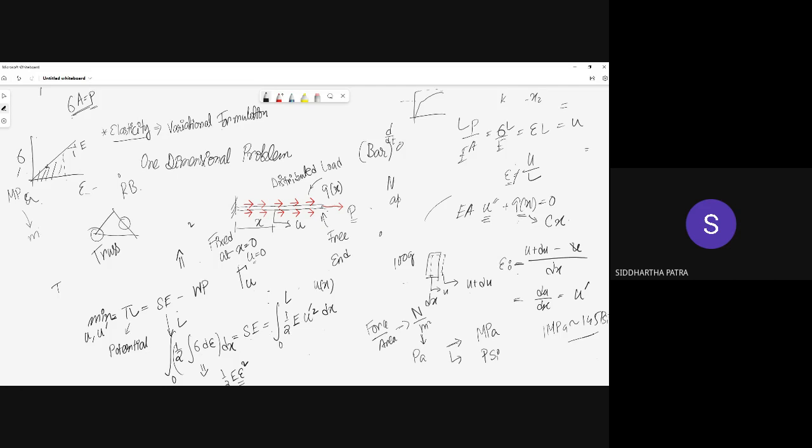So we refer to the work potential of P as P times U at x equal L. It's not half times P U L. Much like half sigma epsilon, you might argue that to reach this sigma value, I have gradually increased the epsilon, and therefore the area under the curve is sigma epsilon. But P times UL is no area under the curve. It's just that the mathematical term has to be in a certain format, a certain expression, in order to give us the correct set of expressions.